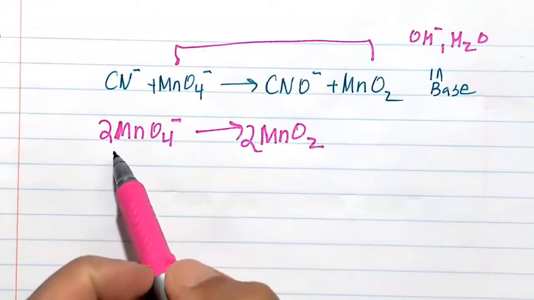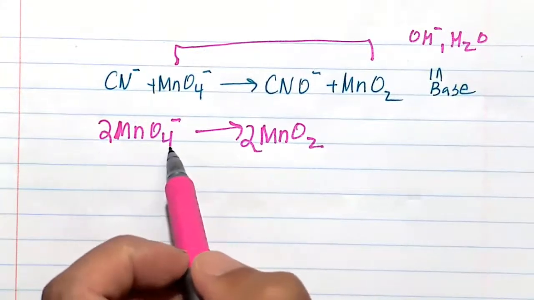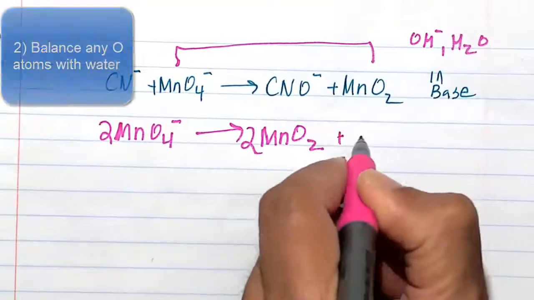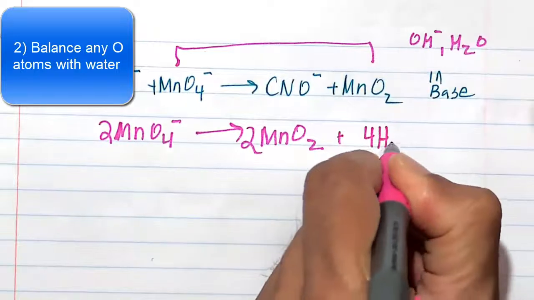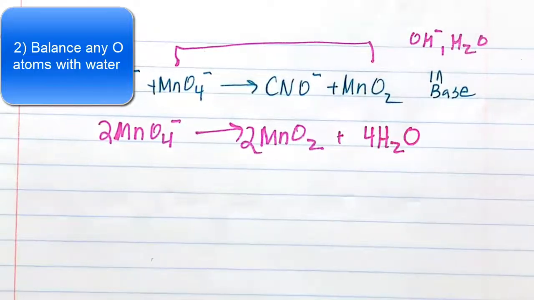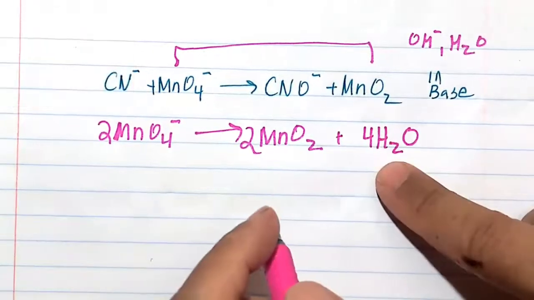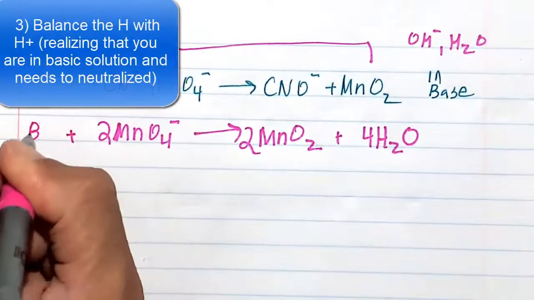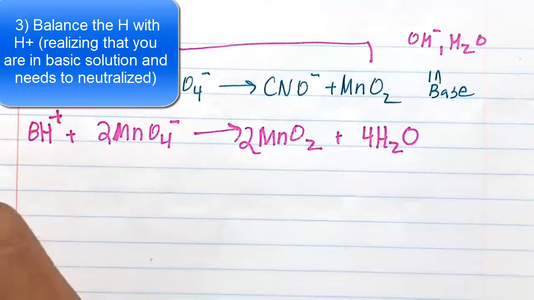And now we have an issue where we have 8 oxygens on our reactant side and 4 oxygens on our product side. So I'm going to use water here to balance out my oxygens. But now I have 8 hydrogens. I've introduced the hydrogens, so I'm going to balance that with 8 H pluses here.